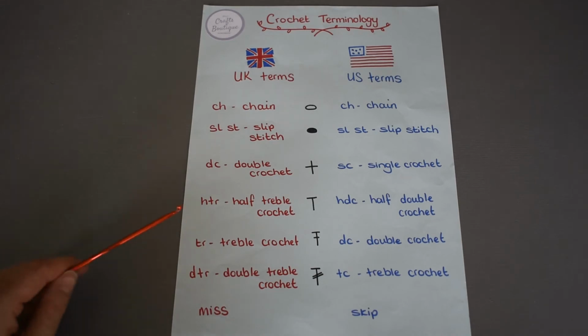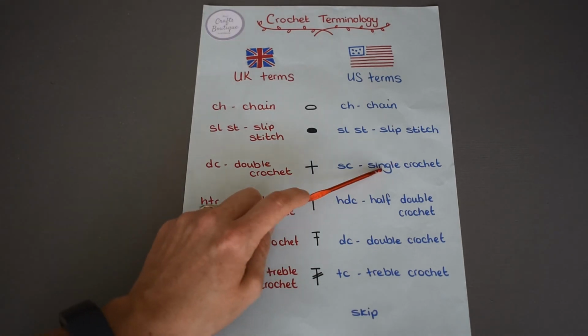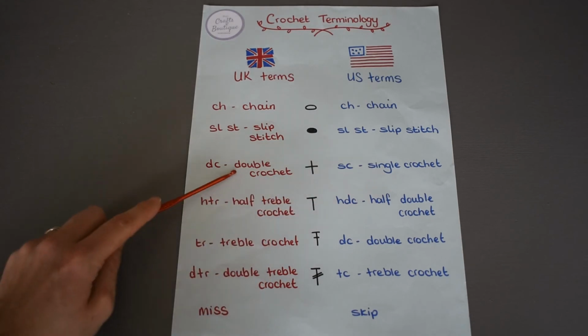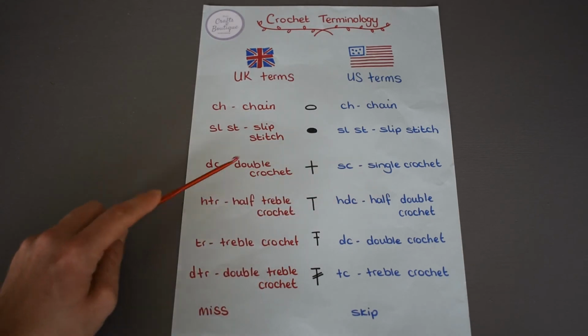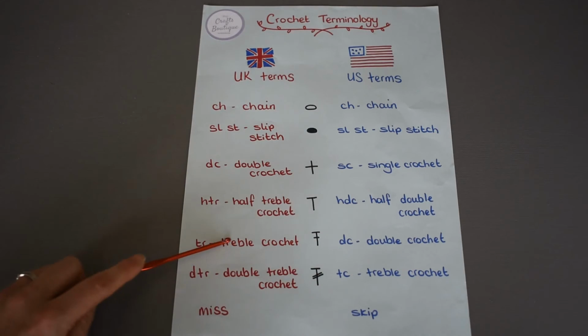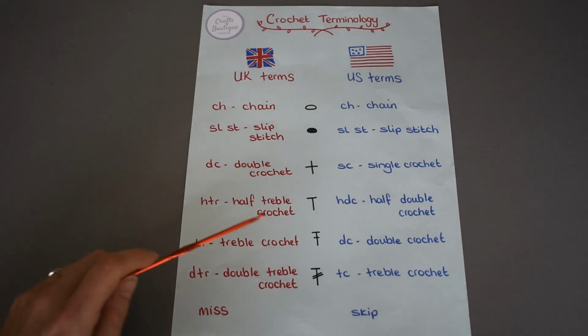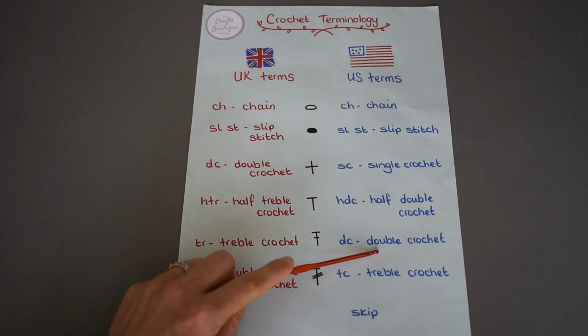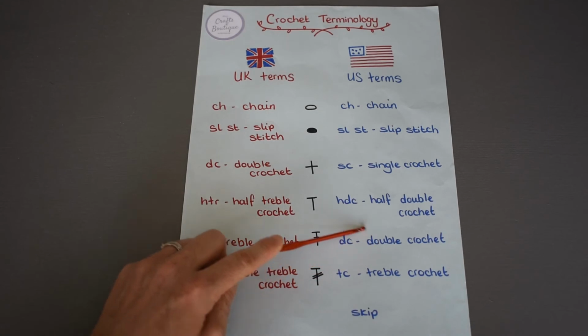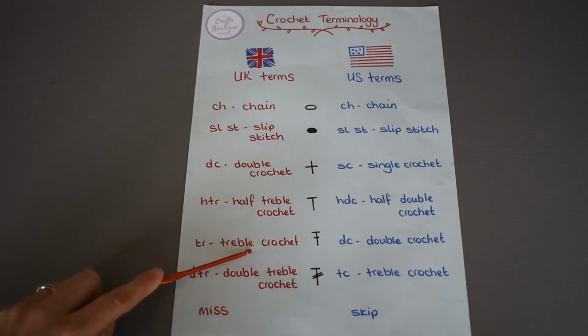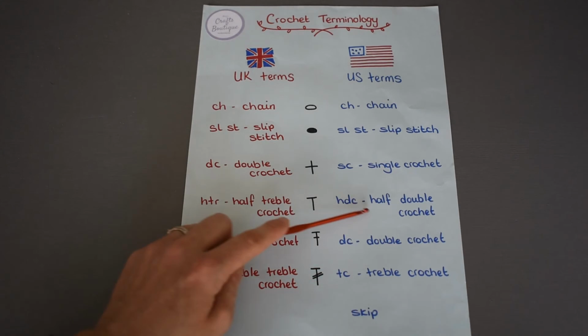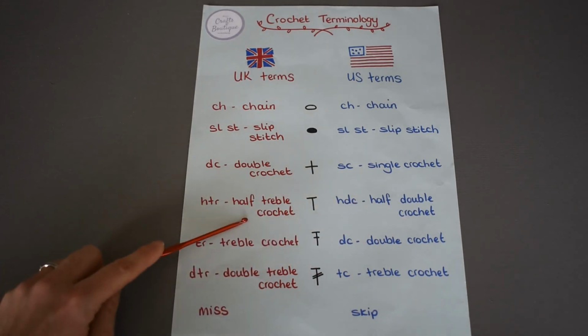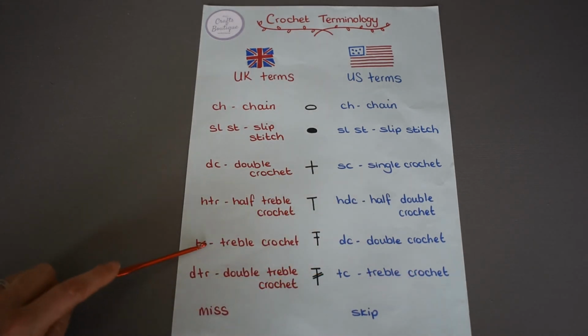There is a pattern to it, so as you can see, the US single crochet is our double crochet. The US double crochet is our treble crochet. So it's kind of like the US terms plus one is the UK terms. So we've got single to double to half treble, and their double is our treble.